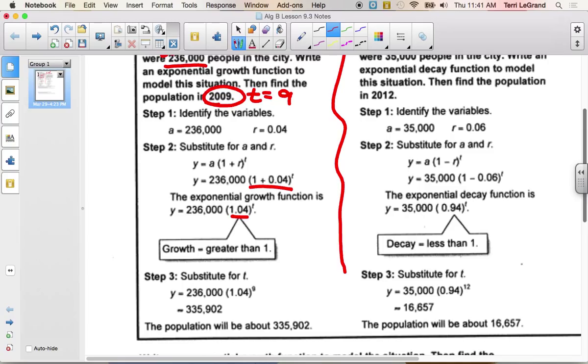And now the only thing left to do is to substitute in the 9 for the T. And the population will be, it says right here, about 335,902 in the year 2009. Is that a reasonable answer? Does it make sense that the population would be 335,902? We didn't even check their arithmetic, but does that answer make sense? Why?